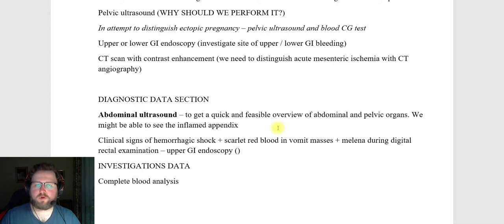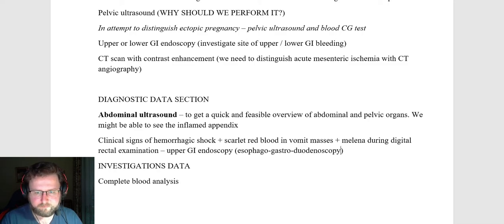or in other words, esophagogastroduodenoscopy.